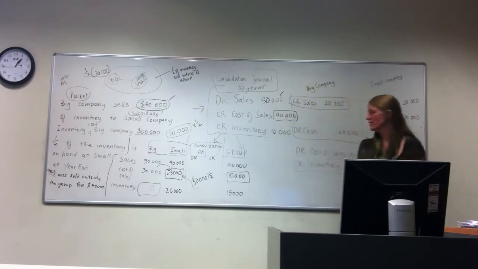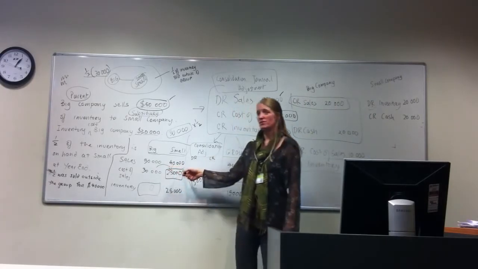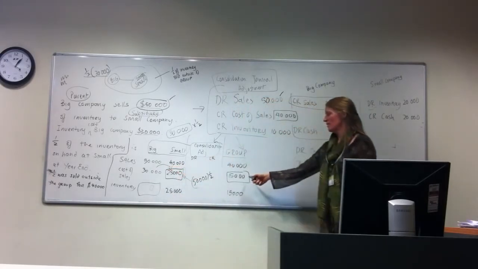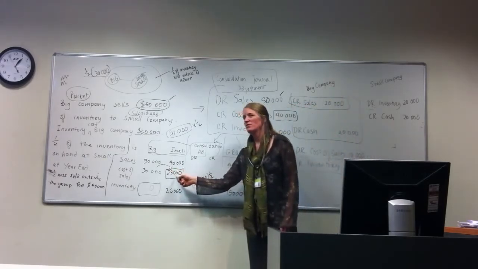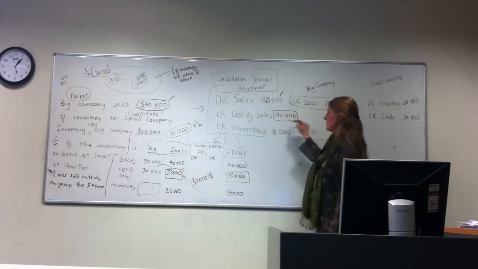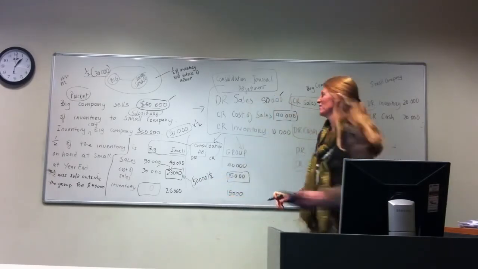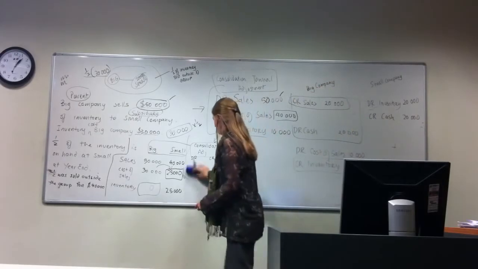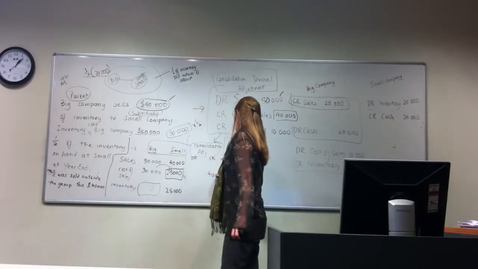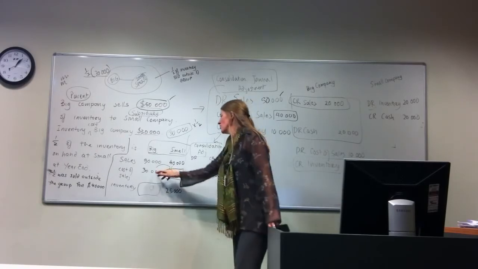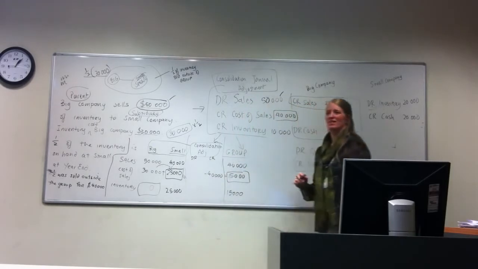Is that correct? Let's go and check it. We got 30 plus 25 is 55. We want 40. Okay. So therefore, the adjustment is obviously going to be 40. So in other words, we're going to say cost of sales, 40,000 here. You go across 30 plus that, minus that, equals that.